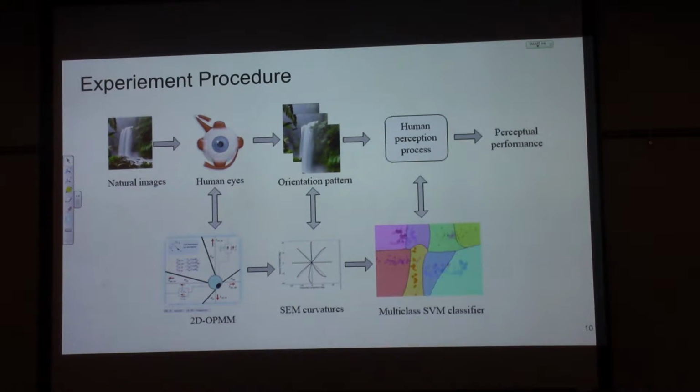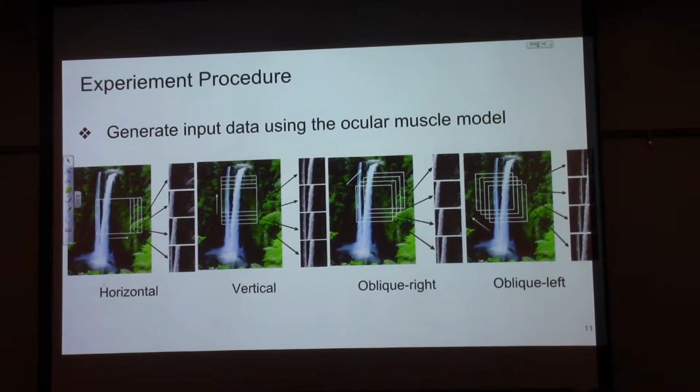Then we feed it into the multi-class SVM classifier, which represents the human perception process, specifically the visual cortex, which processes visual information in the brain, and then we collect the perceptual performance. So this is how we do it.